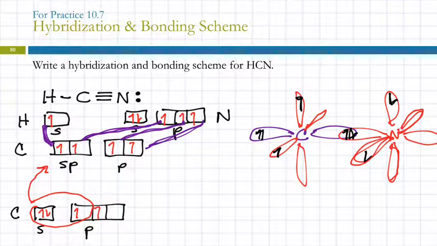So here we have end-to-end overlap between one of the half-filled p orbitals on the nitrogen with the carbon's hybrid orbital. Over here, the other hybrid orbital for carbon is going to overlap with hydrogen's s orbital.